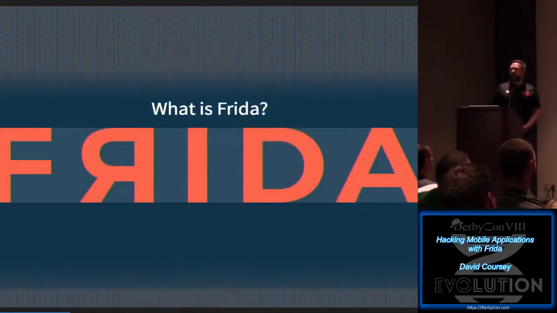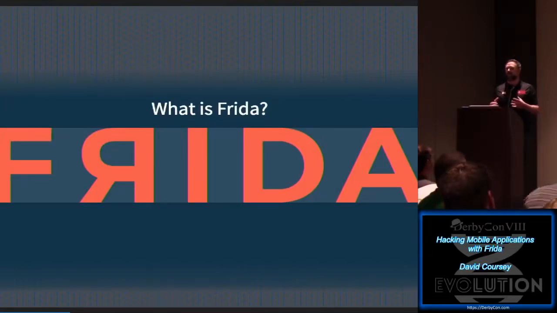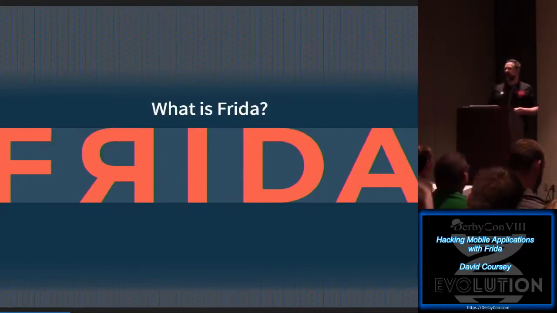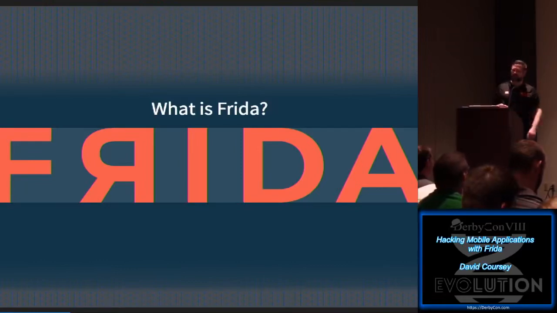So what is Frida? If you've not used it before, it's an open source dynamic instrumentation framework, which basically means you can see what's happening in runtime analysis. Now, it is not a debugger. You're not going to attach to the application and step through line by line and watch the execution. This is function hooking.